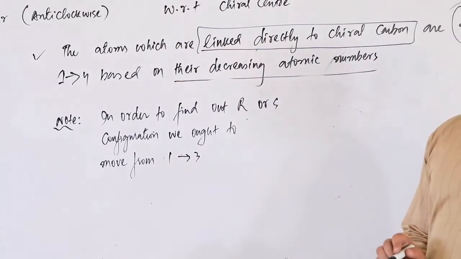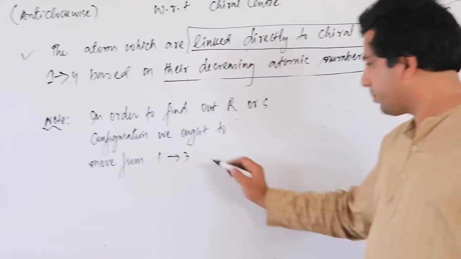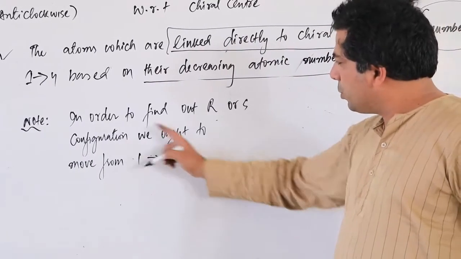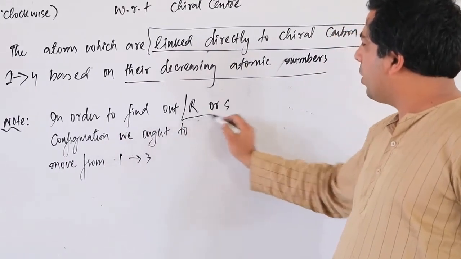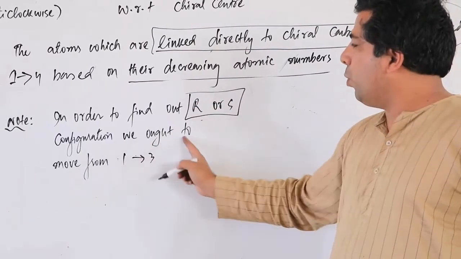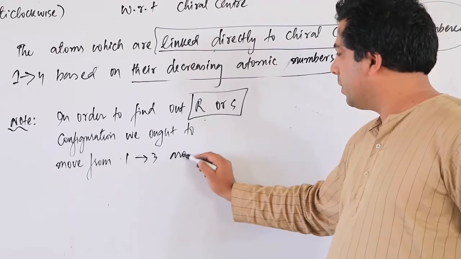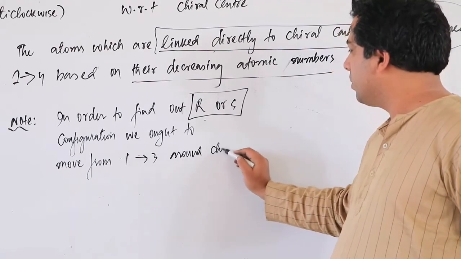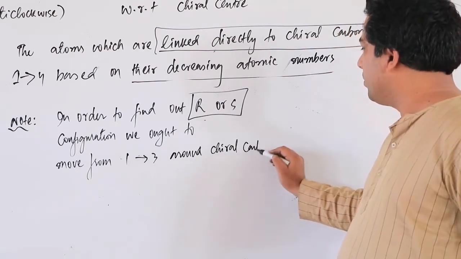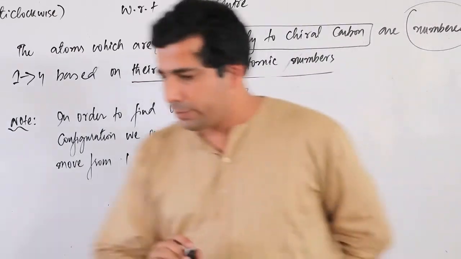We ought to move from 1 to 3. So in order to find out R or S configuration, we ought to move from 1 to 3 around the chiral carbon.